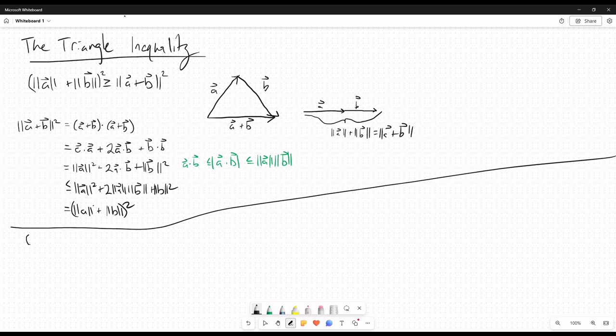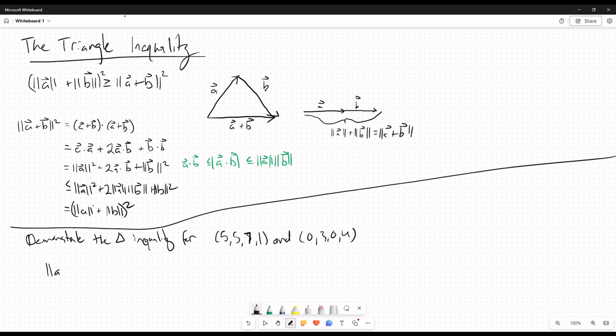So let's demonstrate the triangle inequality for 5, 5, 3, 7, 1, and 0, 3, 0, 4. Oh, this will be slightly less nice.